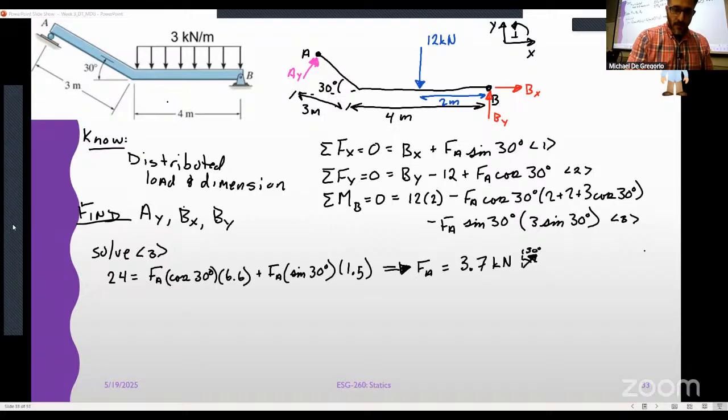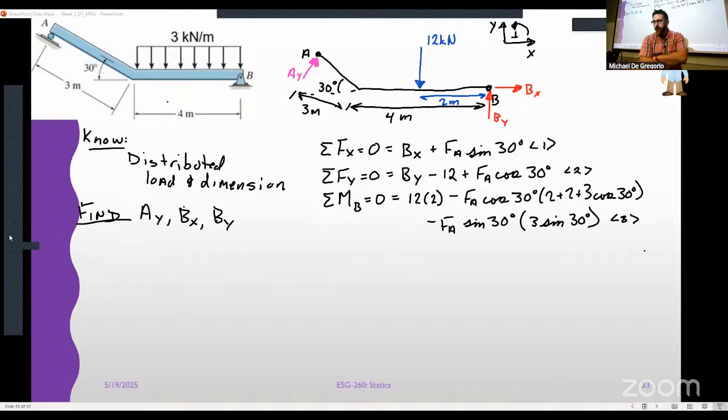But we have a double trig because we need the perpendicular distance, and we were given the 3 meters that's on an angle of 30 degrees. So we have to break that down into its x component, which is 3 cosine 30. If I'm going from B, I've got to go 2 plus 2, to get 4 to the corner. And then from the corner, I need to go 3 cosine 30 to get my perpendicular distance for my y moment.